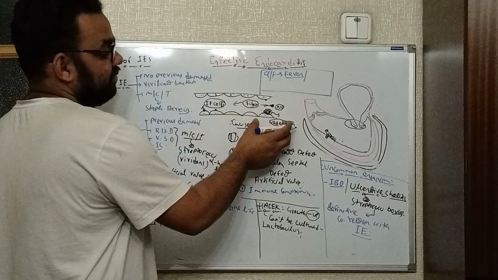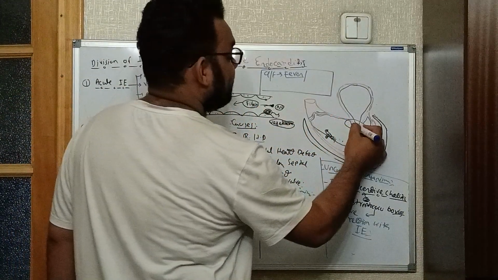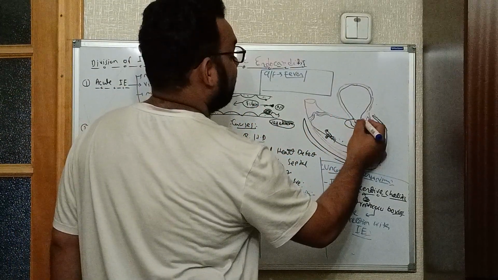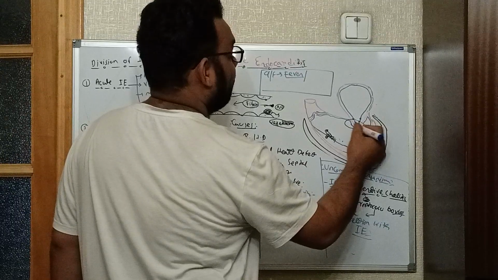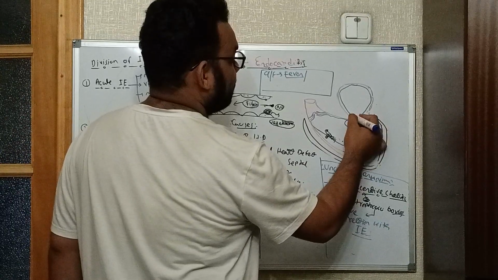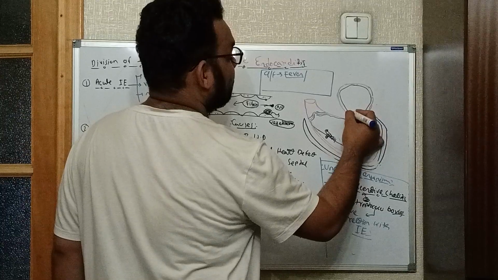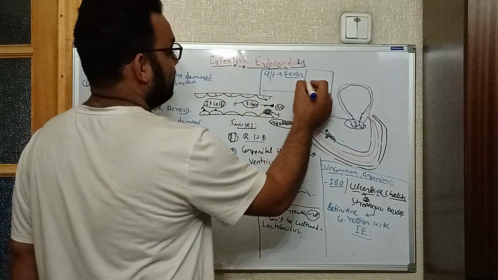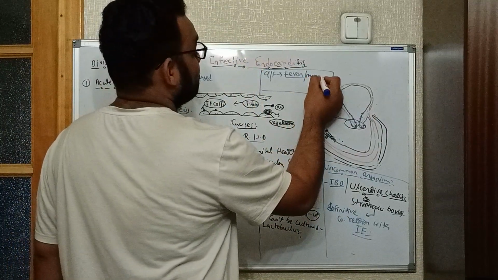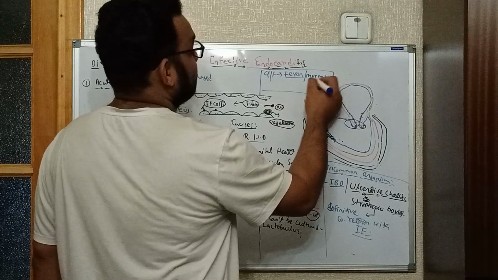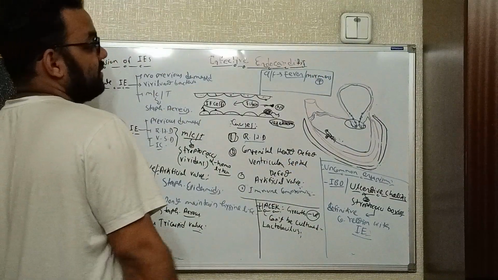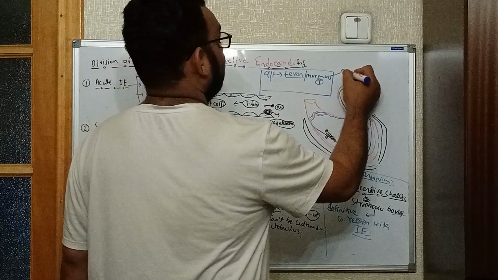How they form I already told you. Whenever the vegetations are deposited over here, they cause abnormal blood flow in the heart, and that is known as murmurs. So murmurs will be positive. This positive murmur is the diagnostic feature. So you can see it in another way.